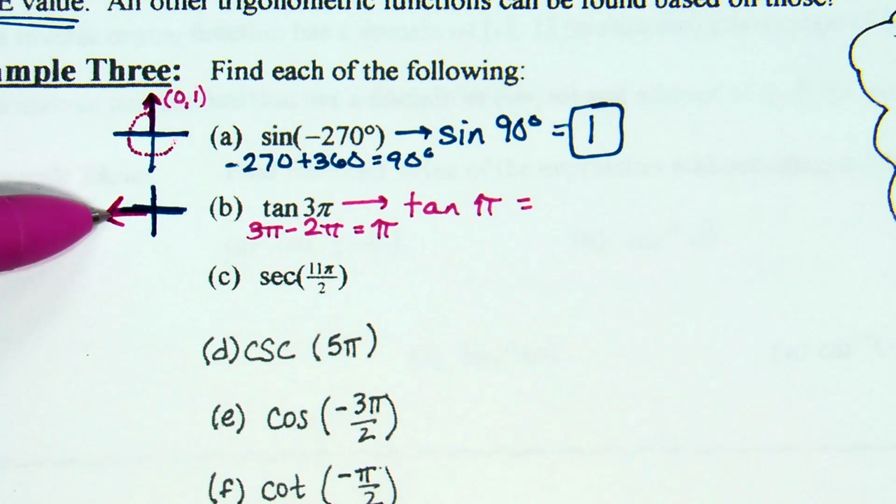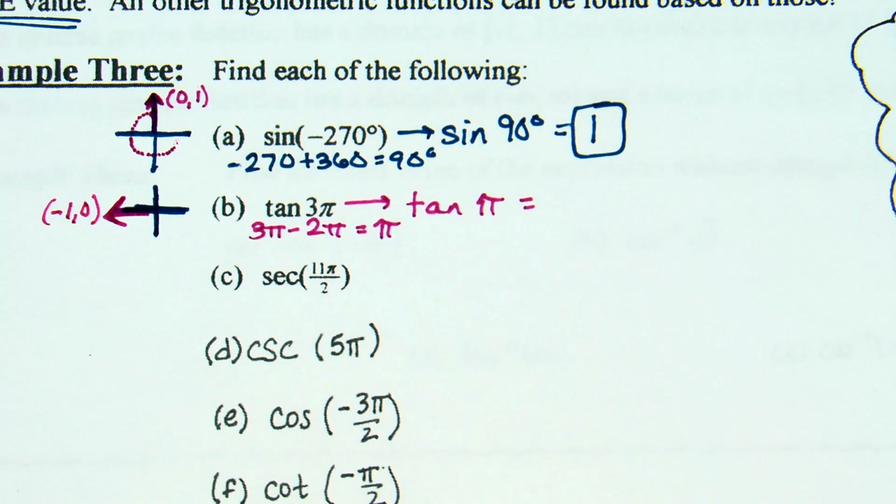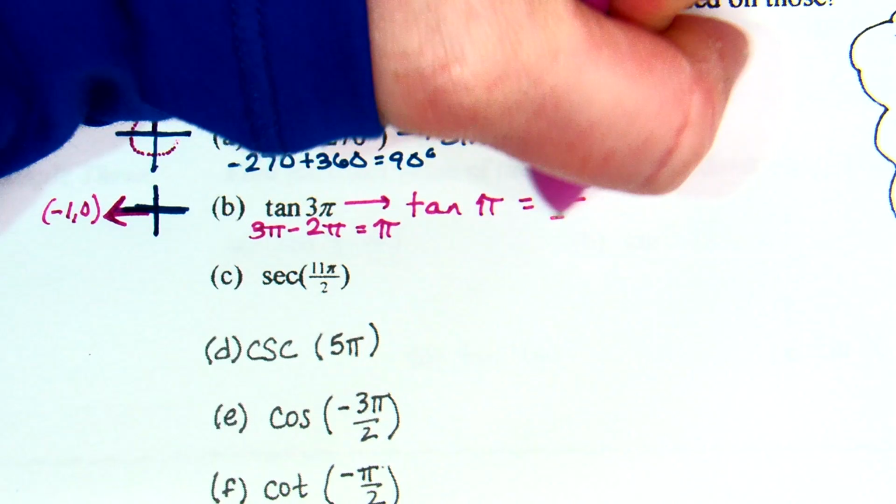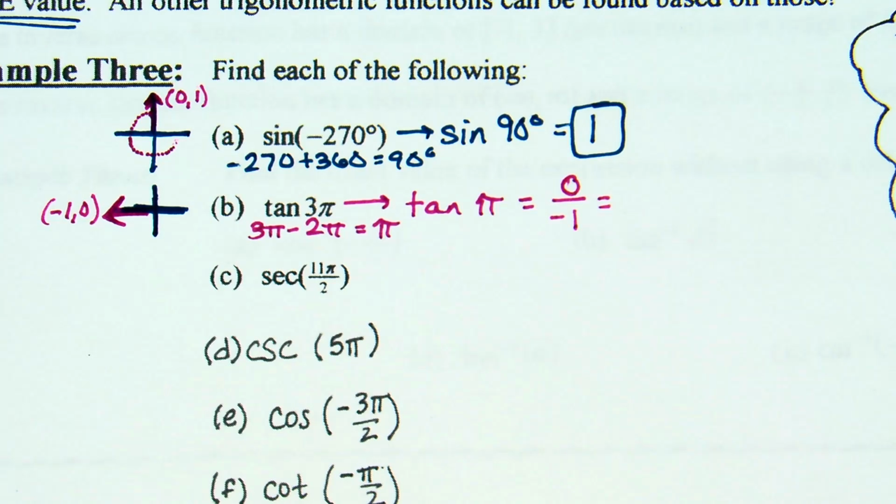Left 1, up or down 0. So it's negative 1, 0. How do we talk about finding tangent? It's the y value over the x value, which in this case is 0 over negative 1. Don't leave it as 0 over negative 1. Tell me what that is. And that is 0.